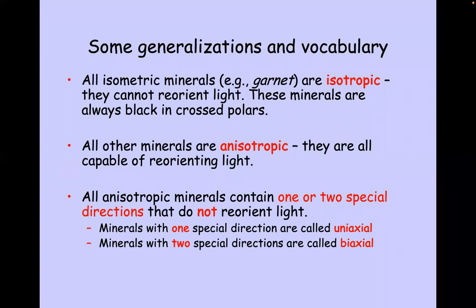These are not physical axes like the C axis, A axis, B axis that we name in crystal systems, such as the cubic or orthorhombic system, where we take axes at different angles. These are just hypothetical axes along which light cannot be reoriented. That's the only point.